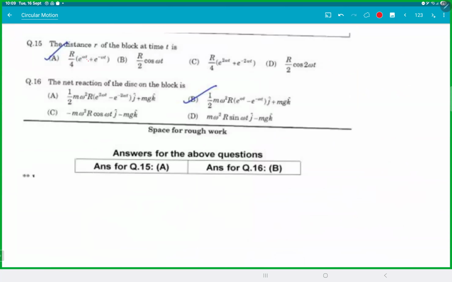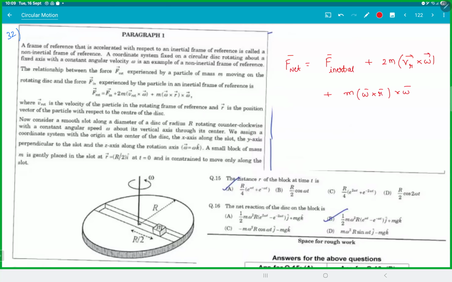There, these are the two questions. So the question is, find the distance of the block at time t and the net reaction of the disk on the block. So yeah, the equations are not bad, but I think currently at your level, integration will be a problem.